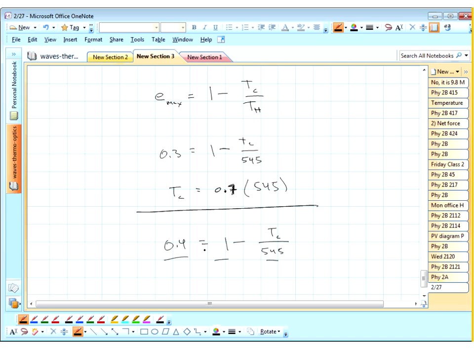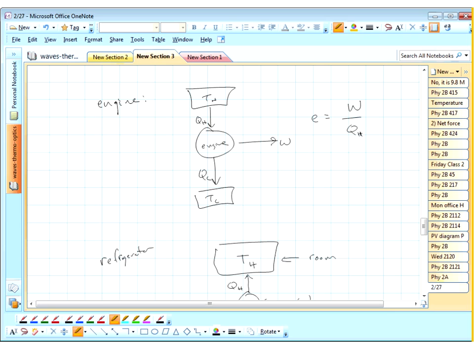Oh, and then as part C, it says solve for T cold. So the trick was, up here I showed you, here: efficiency, work over Q hot. We can rewrite that. We know the work.